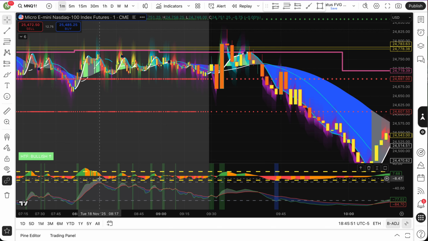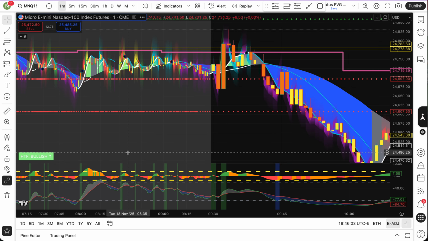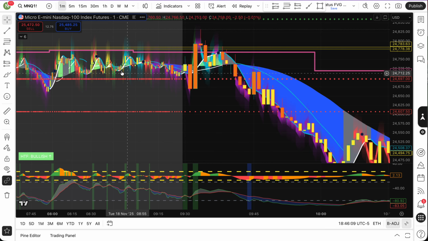So anything that goes beyond that and would stay up in the upper extreme would be moves where we're chopping higher and we're actually distributing contracts off if we're market makers. And eventually we'll see that trend then reverse.